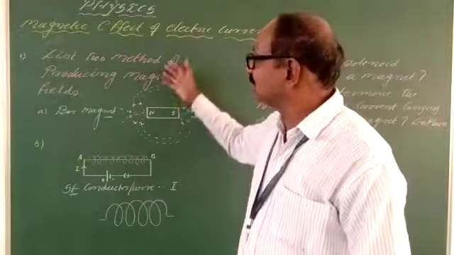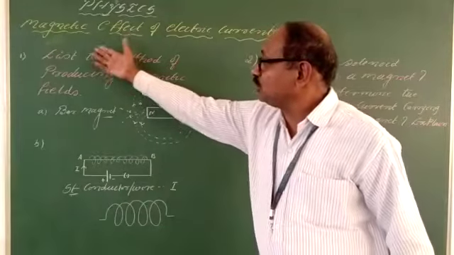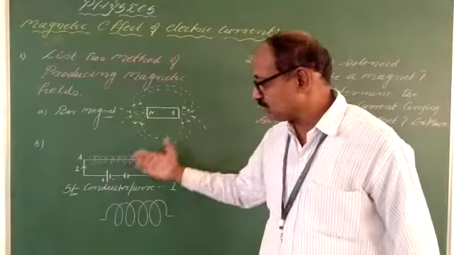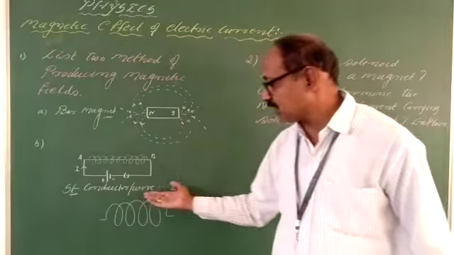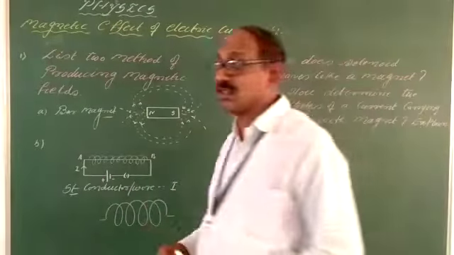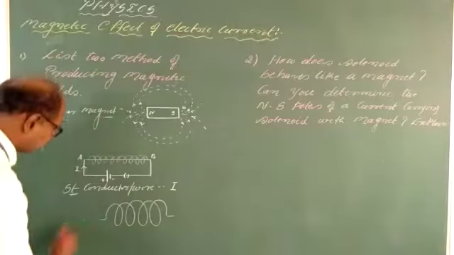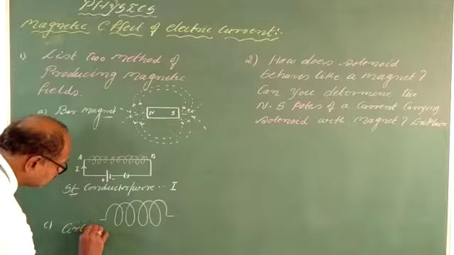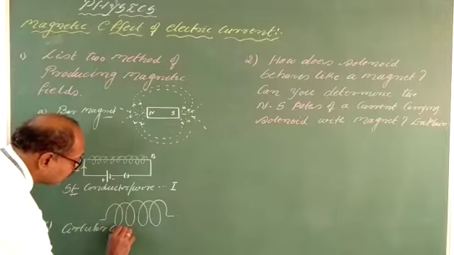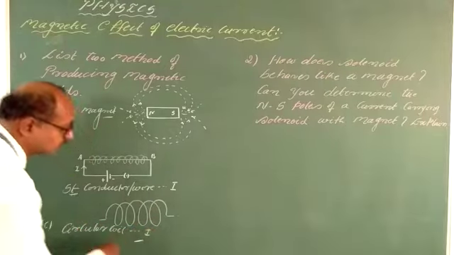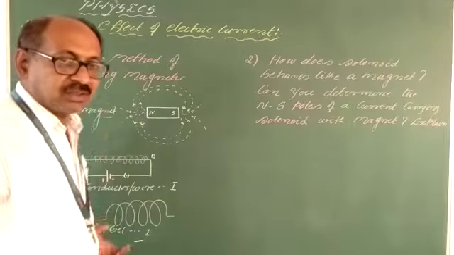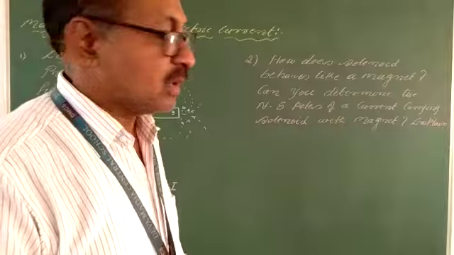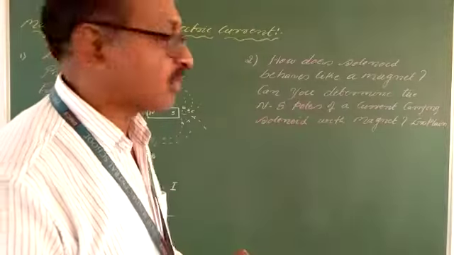So these are the two methods we can list: a bar magnet, a straight conductor carrying current, or a circular coil carrying current. Understood? Let us pass on to the next question.